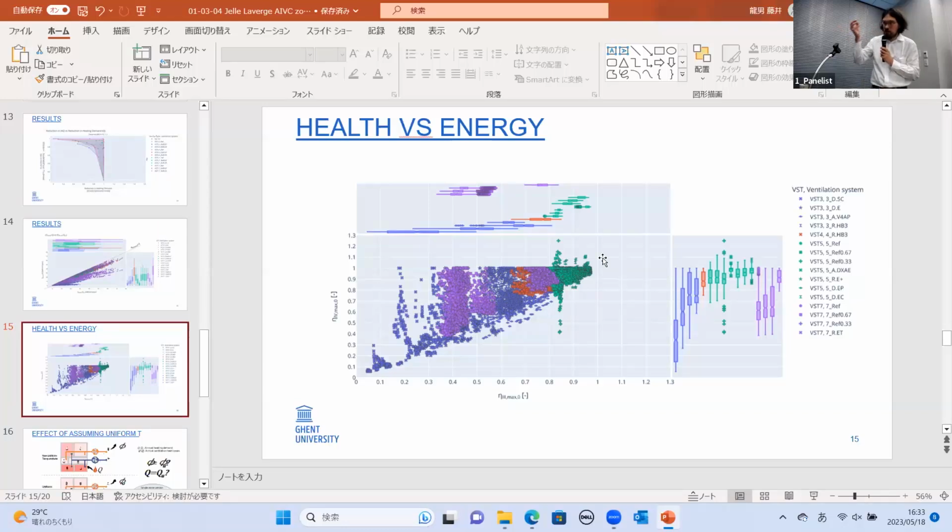And so this is where this temperature zoning effect can be seen. And then there's also a number of points that have much higher performance, and this is typically due to the combination of heat recovery with demand control in those systems.